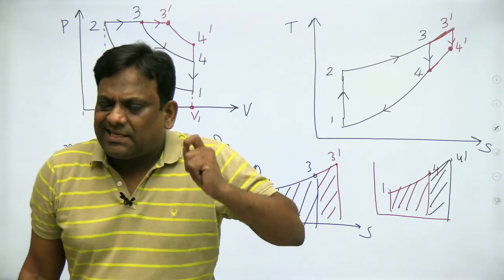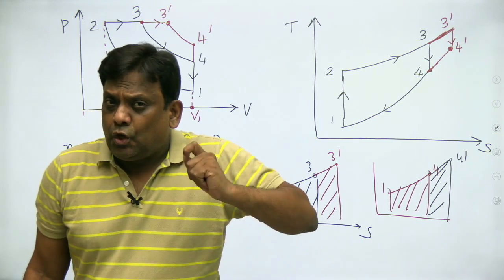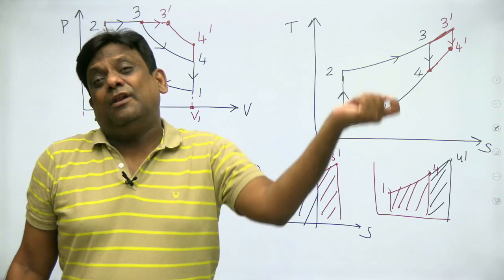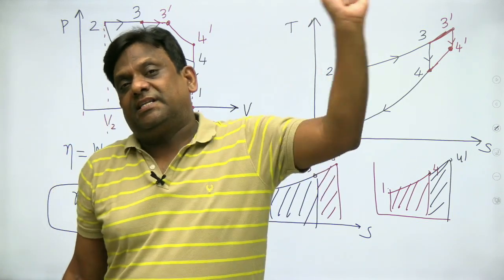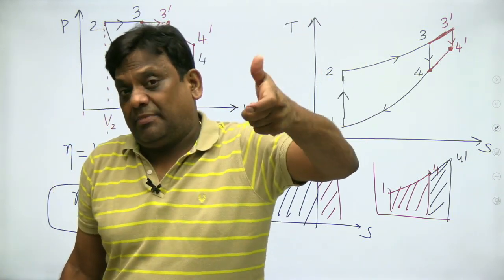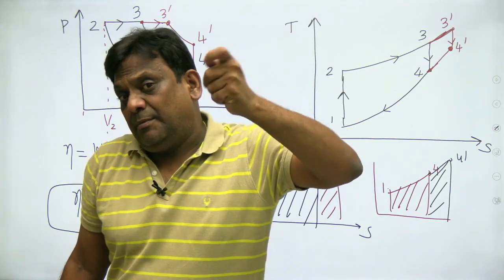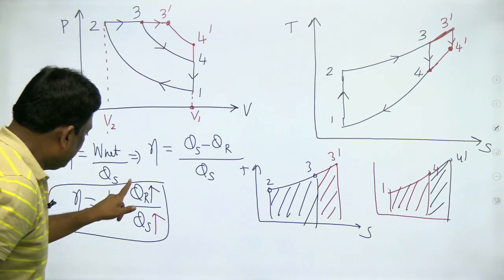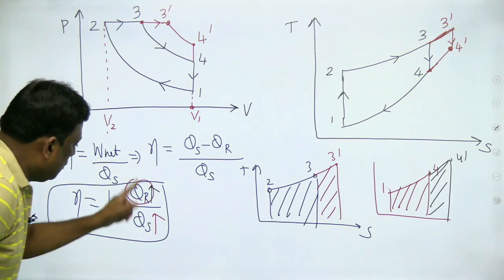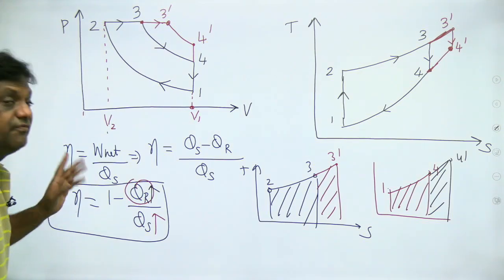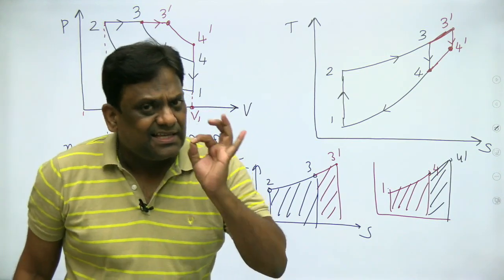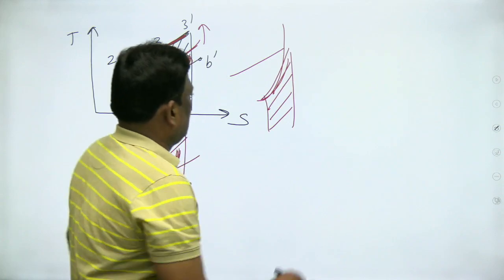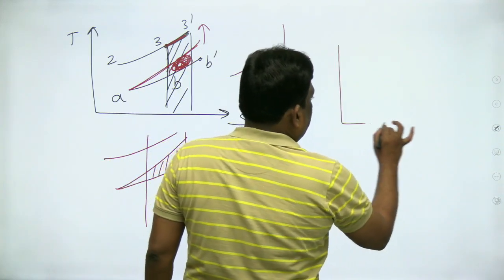But as heat is rejected at constant volume, and the slope of constant volume is more, the increase in heat rejection will be more compared to the increase in heat supply. As heat rejection is dominating, this value will be more. The negative is more, which means efficiency will decrease. I repeat, with increase in cutoff ratio, the efficiency decreases.